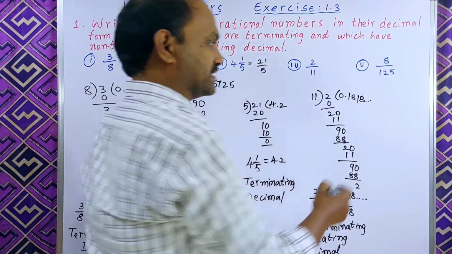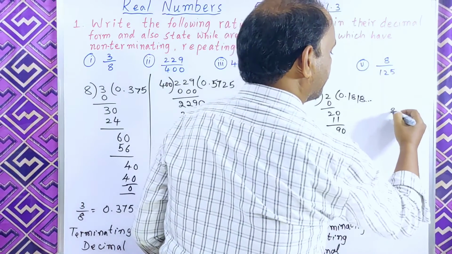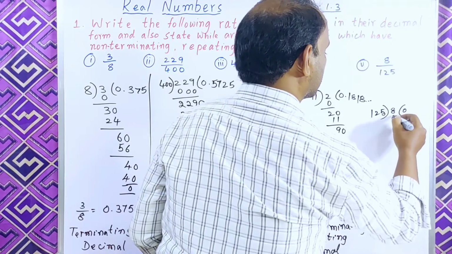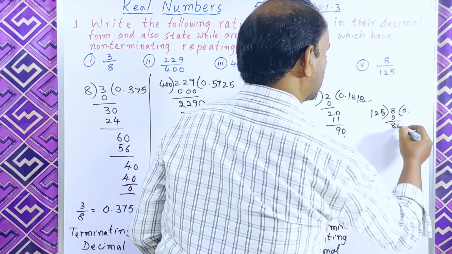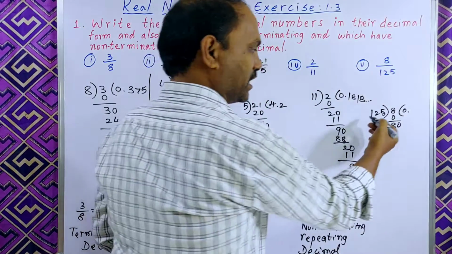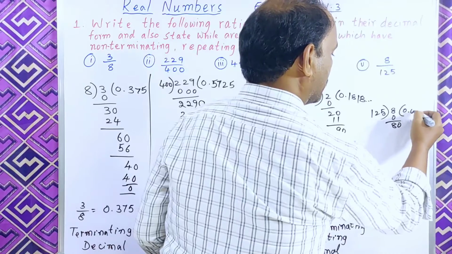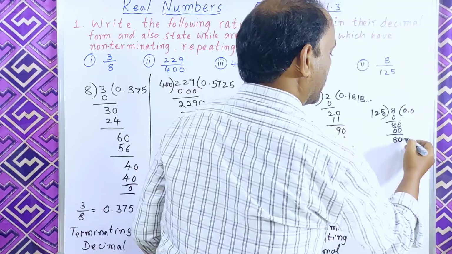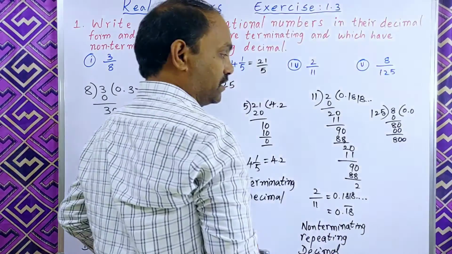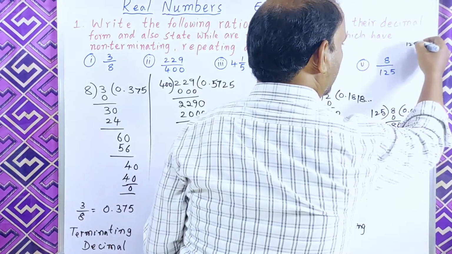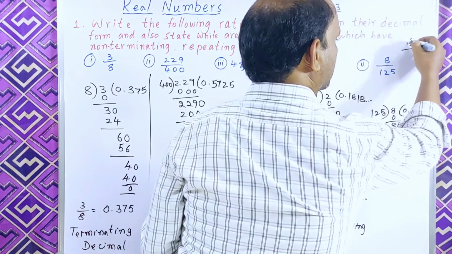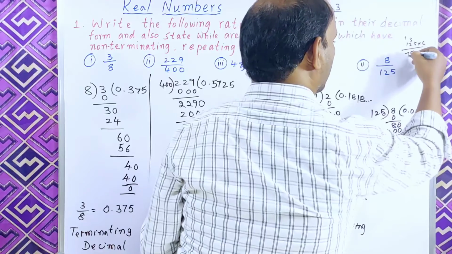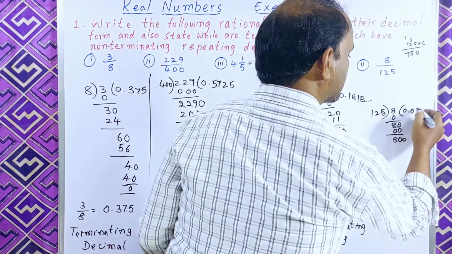Now the last one we will check: 8 divided by 125. 8.0. Again 80 is also not divisible by 125, so again 0, 800. 125 into 6, 6 5s are 30, 12, 15, 7, so 750, 6 times.